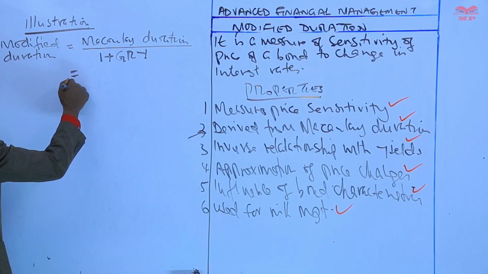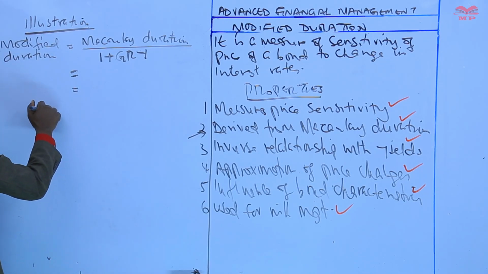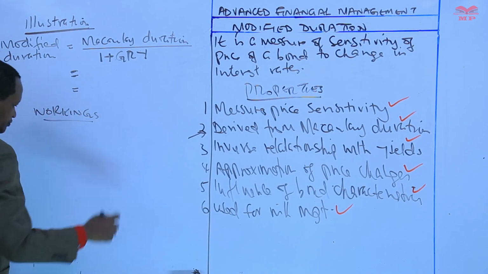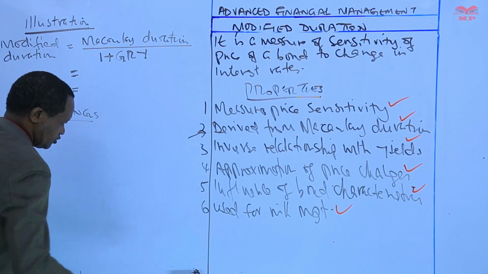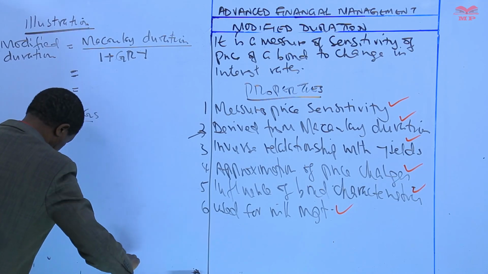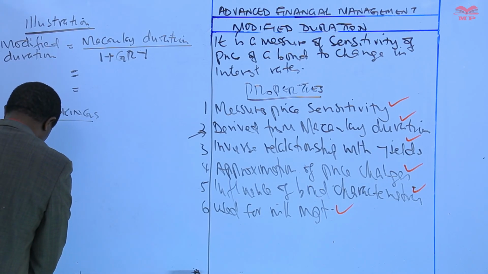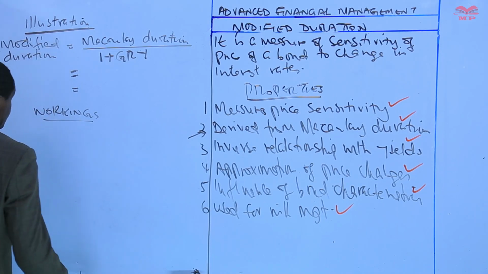That's it. So we'll have workings. First of all, calculate the Macaulay duration, which we saw in this lesson is equal to the sum of present value of cash flows multiplied by respective years.